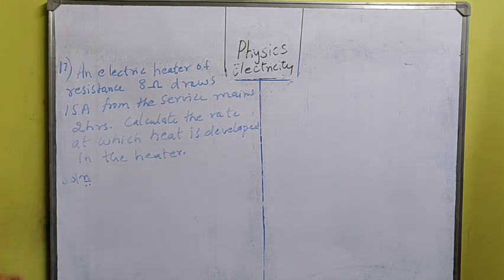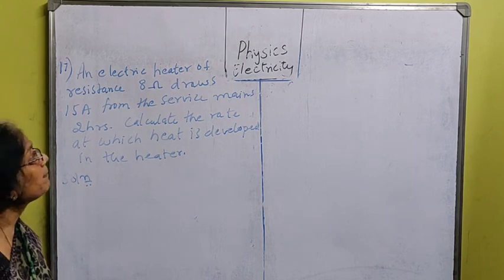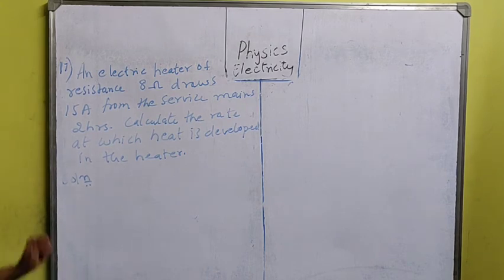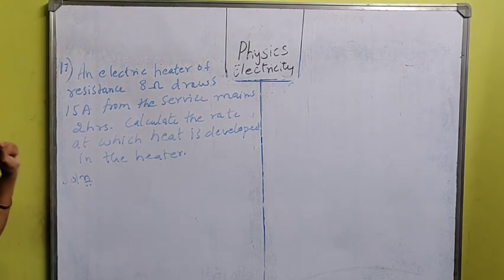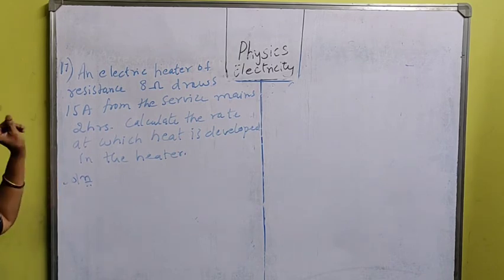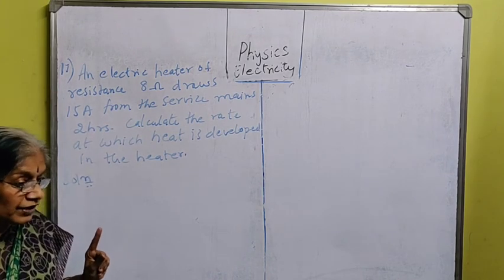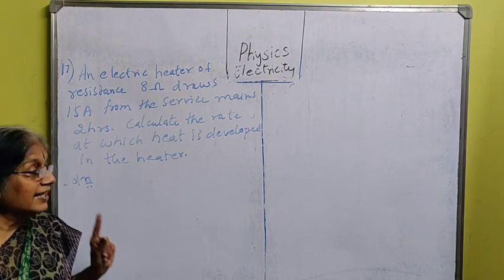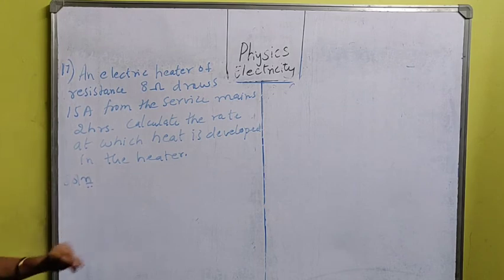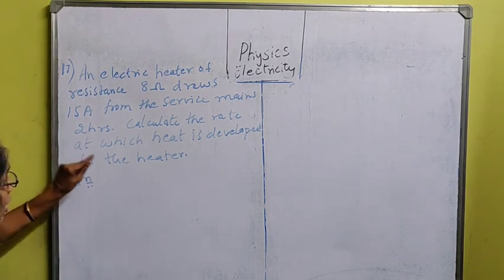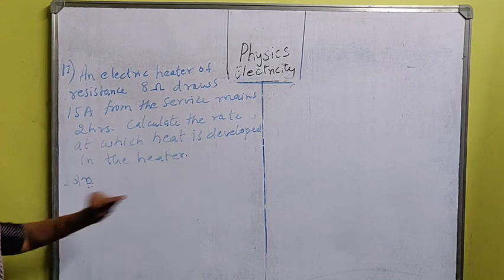Amount of heat is nothing but it is equal to the power. Power is just the product of the resistance and the current. So we have to find out how much heat is developed in the heater.